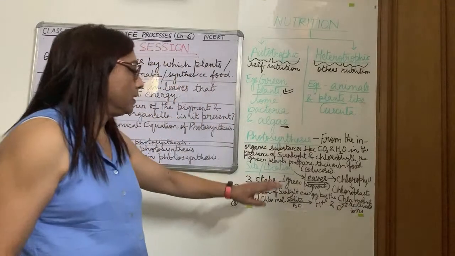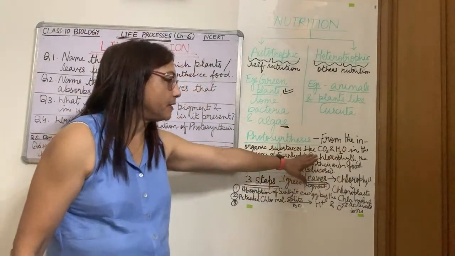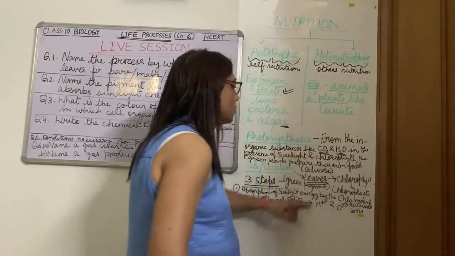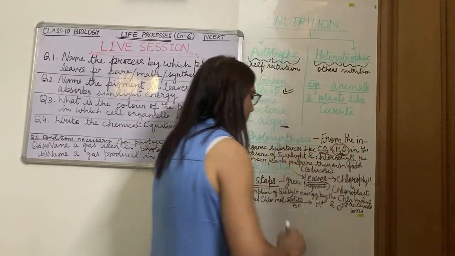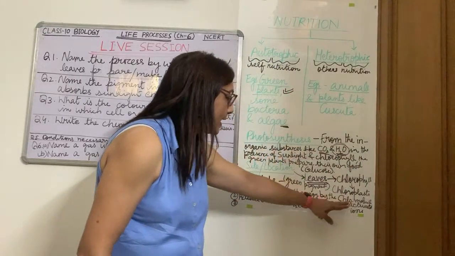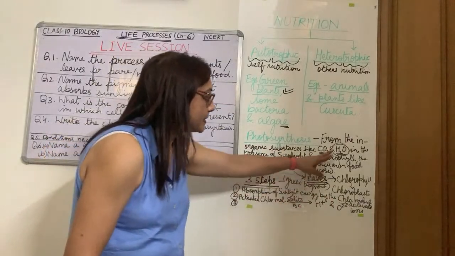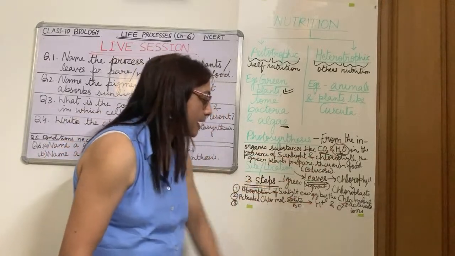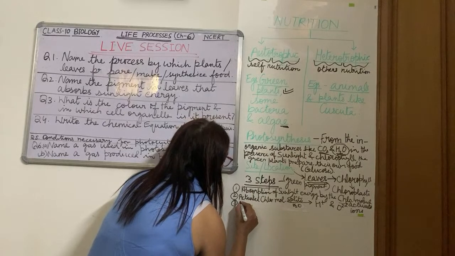Alright? You know that for photosynthesis we need carbon dioxide and water. So when the chlorophyll molecule gets activated by the sunlight energy, it splits this water molecule into hydrogen ions and oxygen ions.